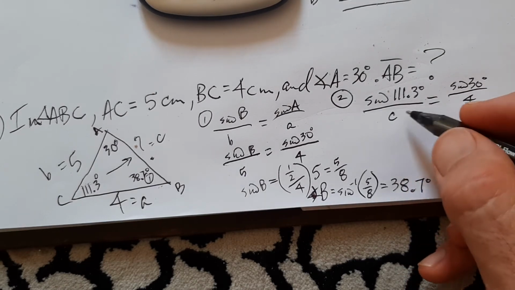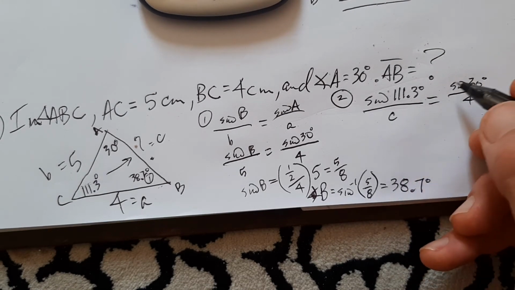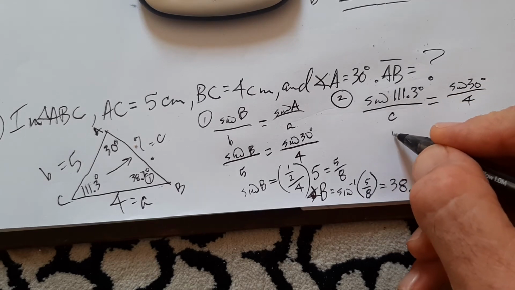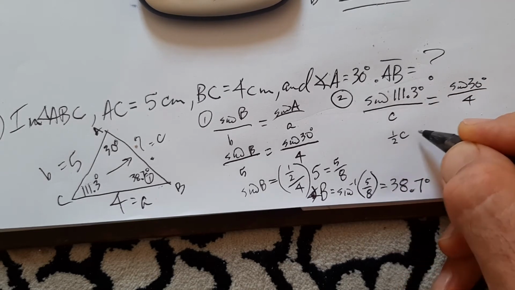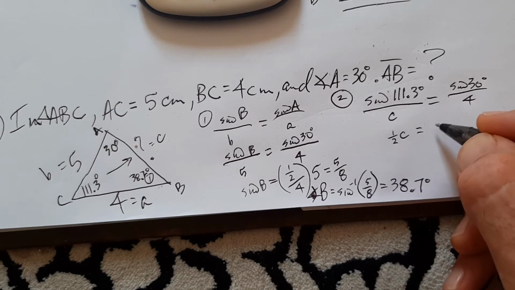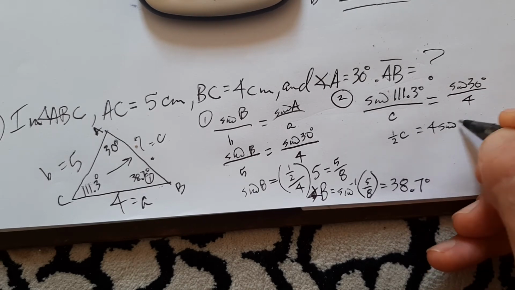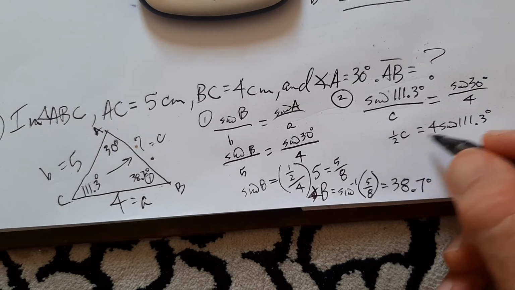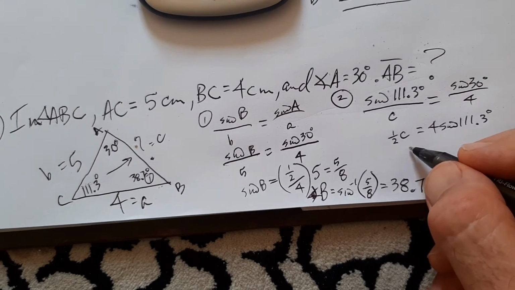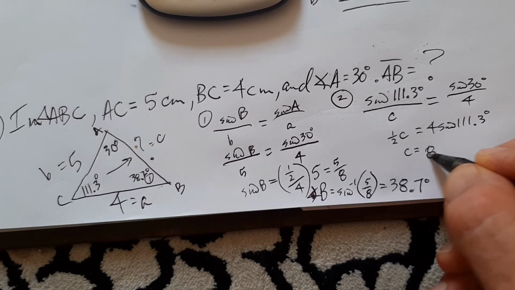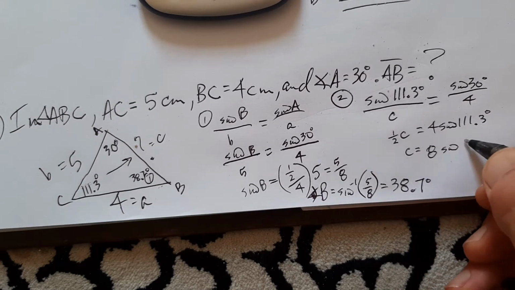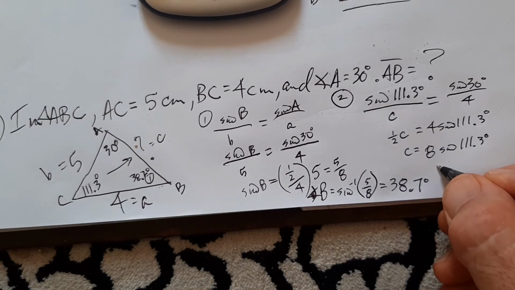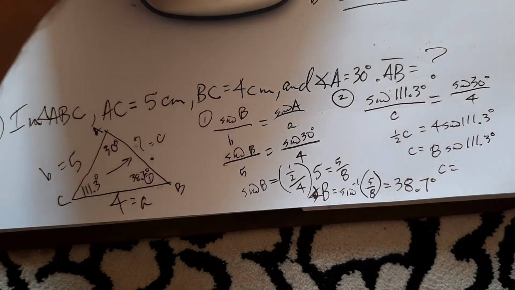So let's see. I would cross multiply. We can do that: 1/2 of c equals 4 sine 111.3. And so I'd multiply by 2, and I'm going to have c equals 8 sine 111.3. So little c equals, just stick that in your calculator.